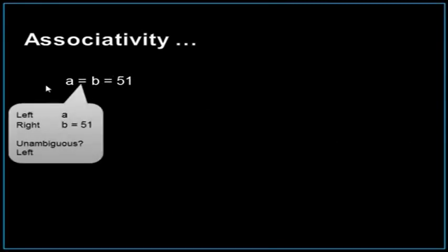Let us take another example here. If a equals b equals 51. Now here is also a confusion of which to solve first, because equal to and equal to obviously have the same priority, right? Now considering this first equal to, left is a, right is b equals 51. Unambiguous, meaning not confusing, is the left.